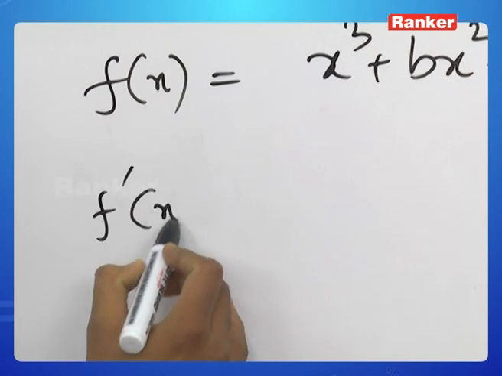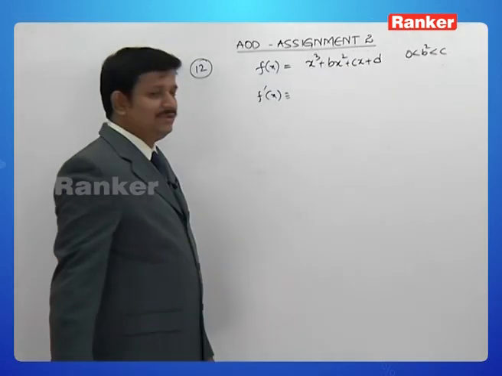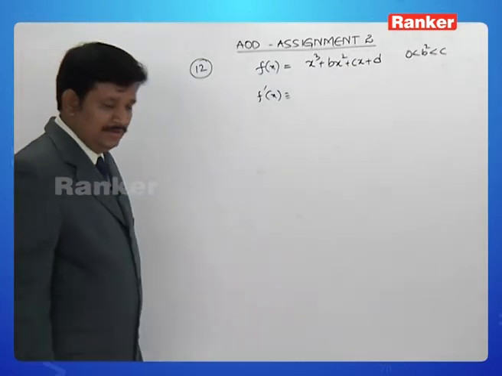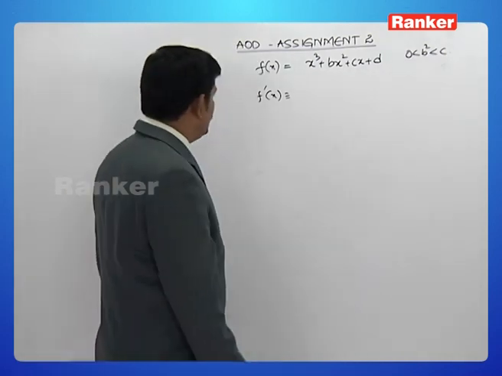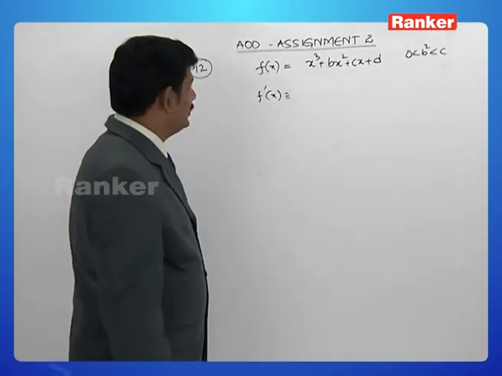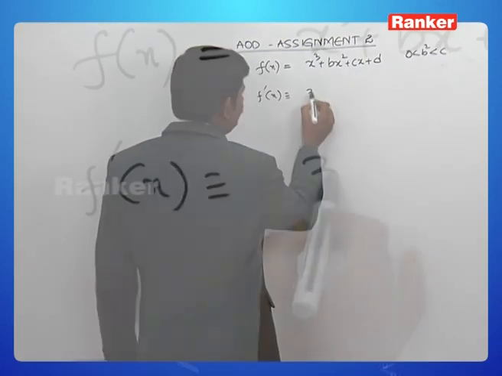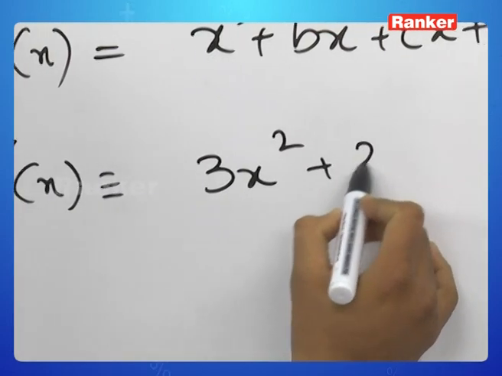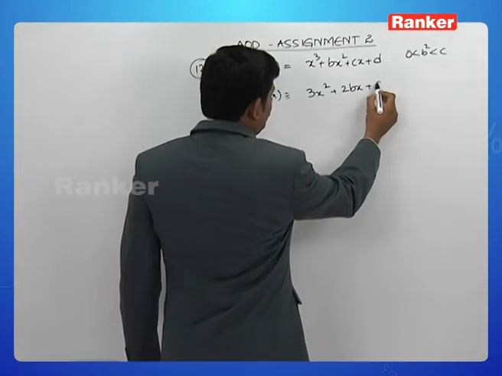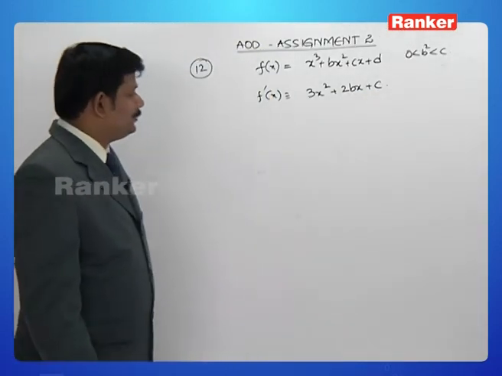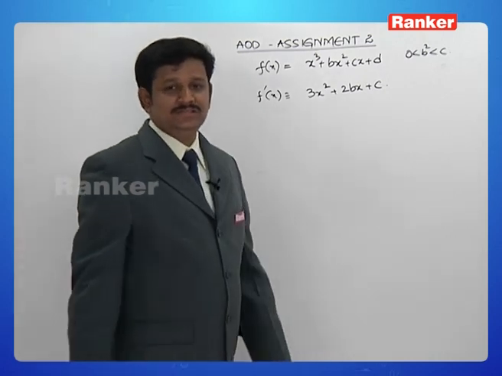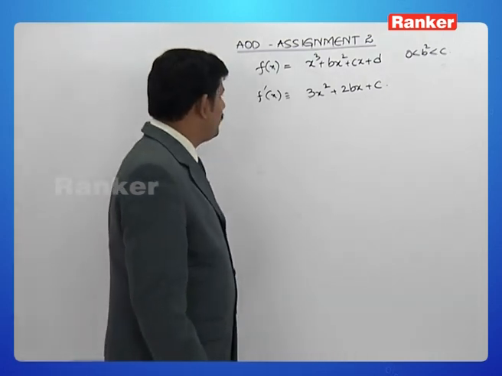For all of the options, because f of x is a differentiable function, we need to talk about strictly increasing, decreasing nature and local maxima and minima. Let us observe f dash of x. Differentiating, 3x square plus 2bx plus c is f dash of x. Look at option C. F of x is a strictly decreasing function.